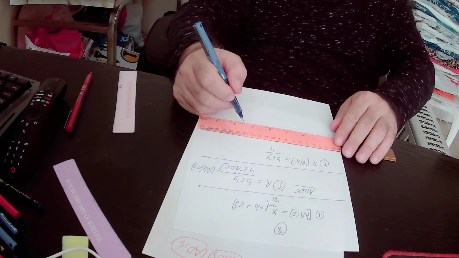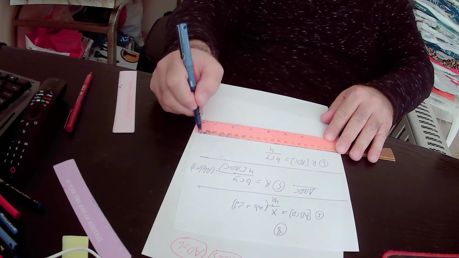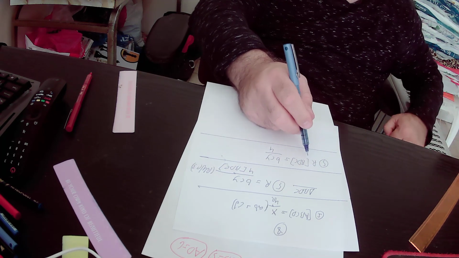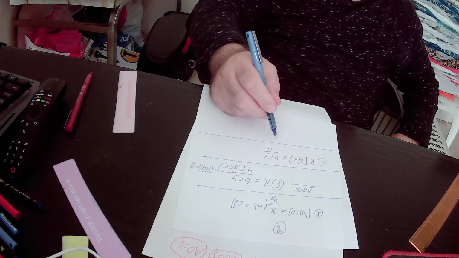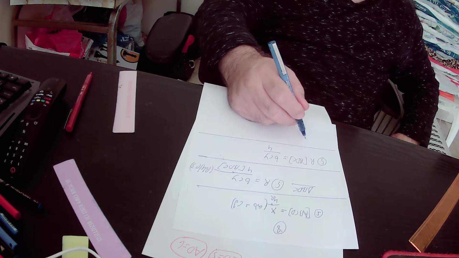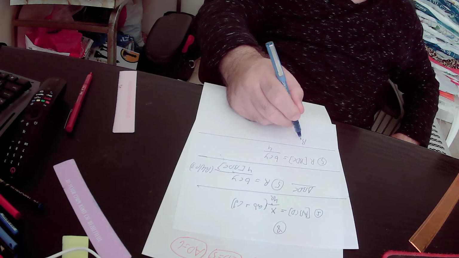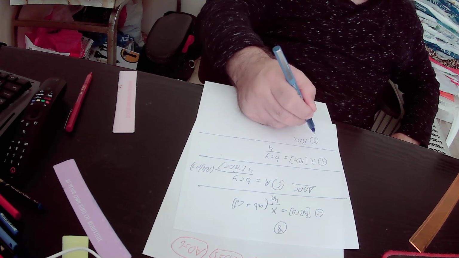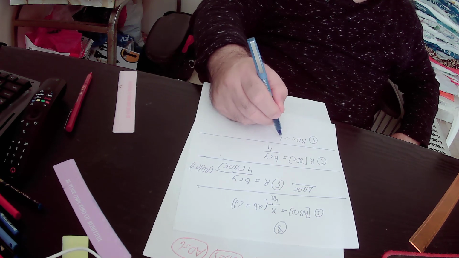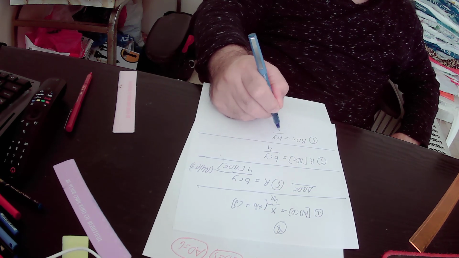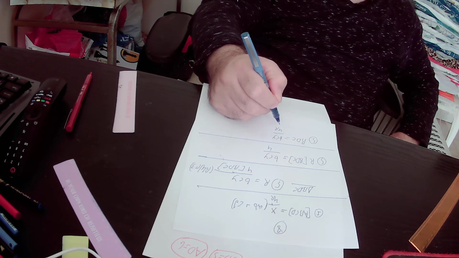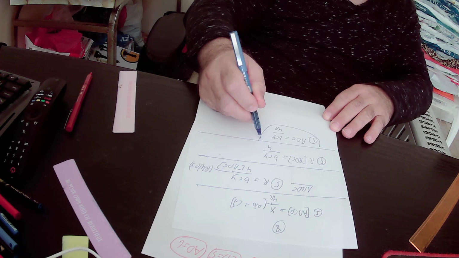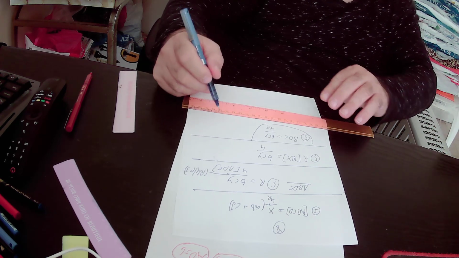We will divide this equation number 5 by R, and we will get that the area of triangle BDC, according to equation number 5, equals BCY over 4R. So we actually found out the area of triangle BDC is equal to BCY over 4R.